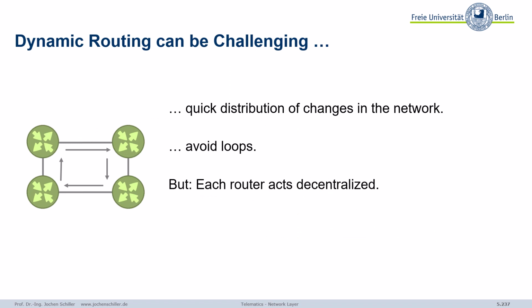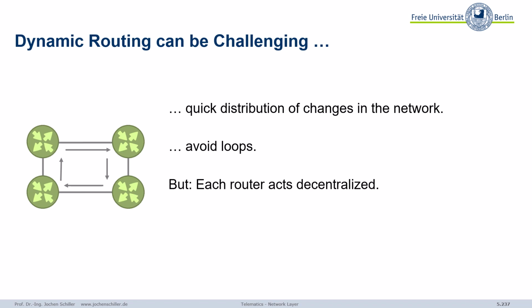Dynamic routing is a challenge, because the network changes quite often. We have to avoid loops, but still the routers act on their own, decentralized. There's no central organization that coordinates the routing. The routers may be organized in some company or organization, but still we have tens of thousands of routers. They all act on their own.